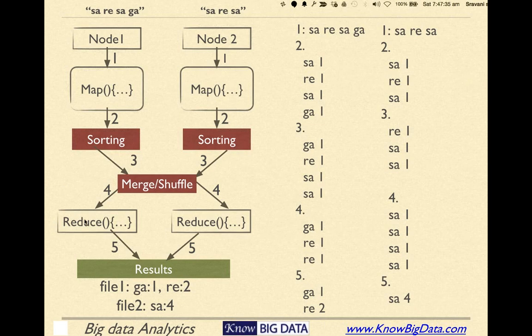The only thing we need to remember is a key and all of its values are guaranteed to be on a single reducer node.